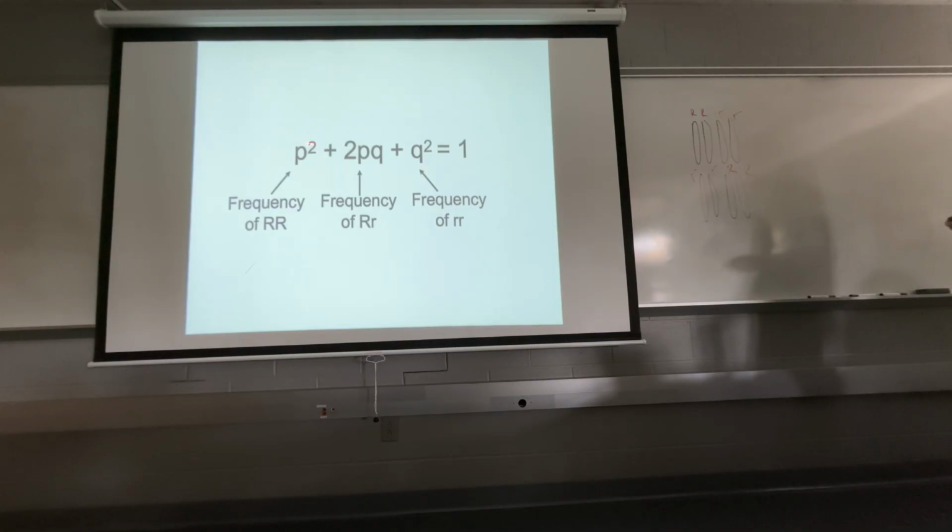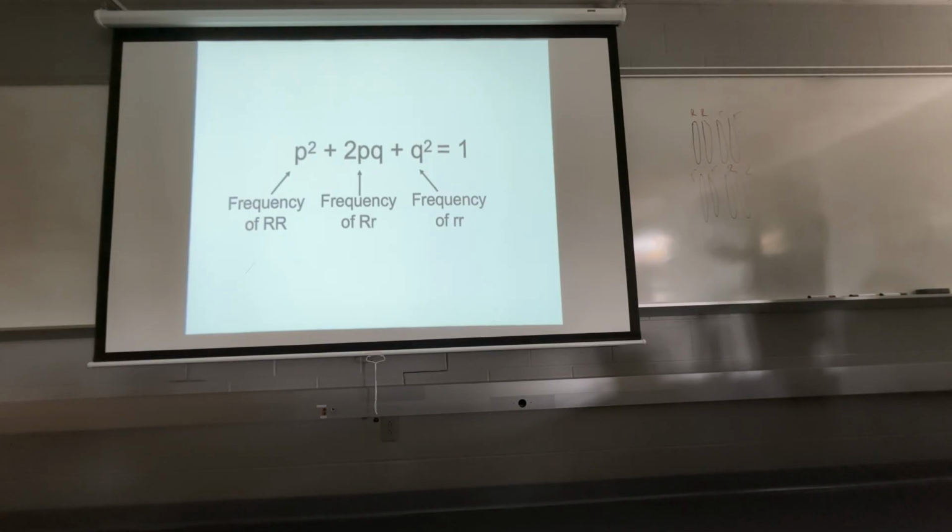So P squared equals the frequency of your homozygous dominant. 2pq equals the frequency of your heterozygote. And then Q squared equals the frequency of your homozygous recessive. Those all will equal 1, or 100% if you use percentages, or 1 if you use decimal points.